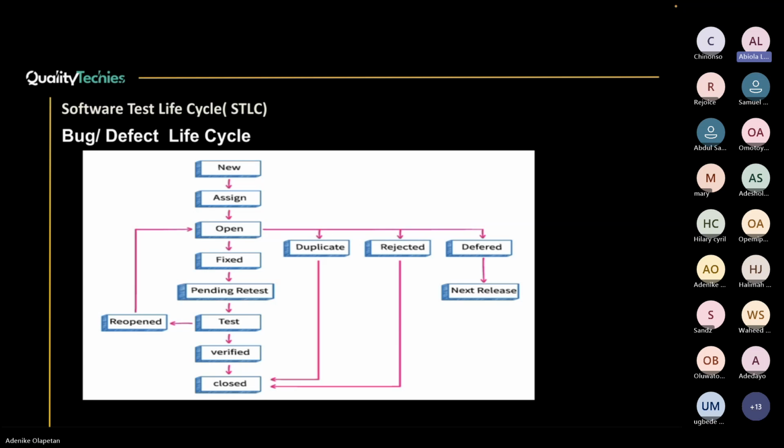So as we are doing our retest, we are carrying out our regression. And that's where you see after pending retest, test verification, you are doing your regression test. After that is done, you confirm that the application now works end to end without defects, then you can close. So that's the bug life cycle journey.